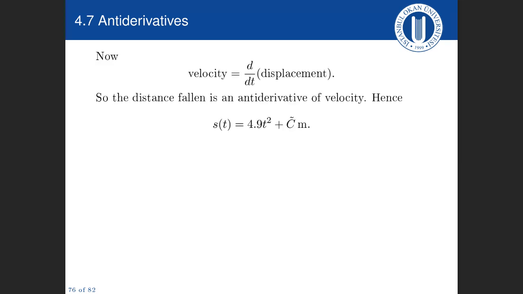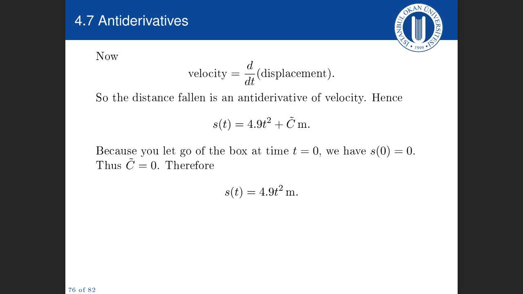But velocity is the derivative of displacement, or to say it the other way around, distance fallen is an antiderivative of velocity. So the distance the box has fallen must be 4.9 t squared plus some constant meters.